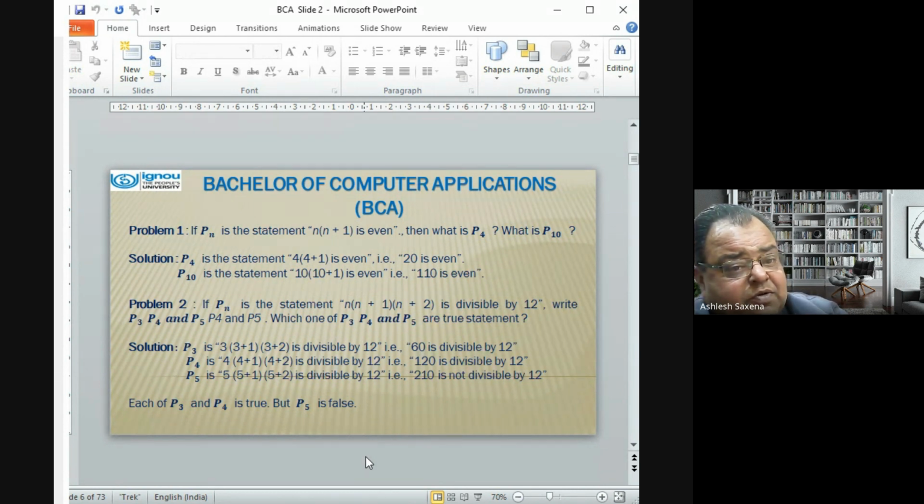You will get 4 into 4 plus 1, that is 4 into 5, which is 20. That is even.